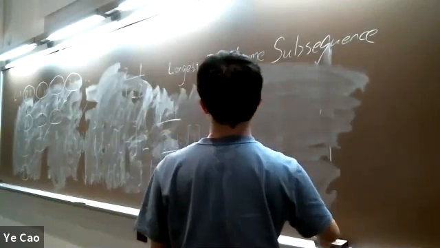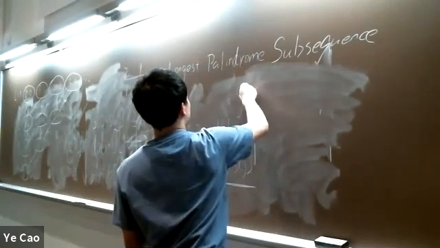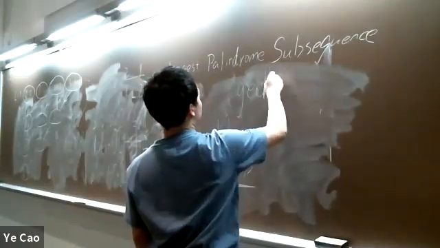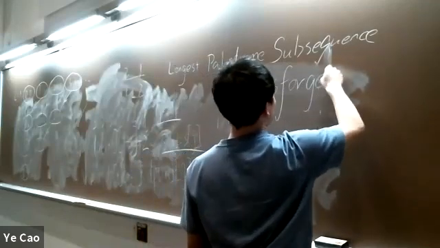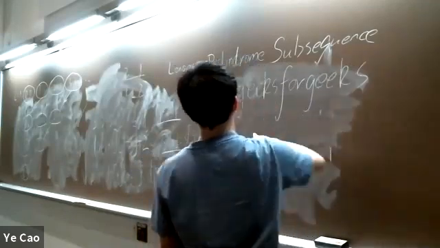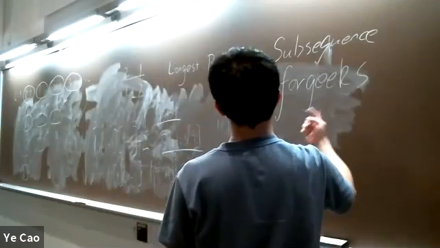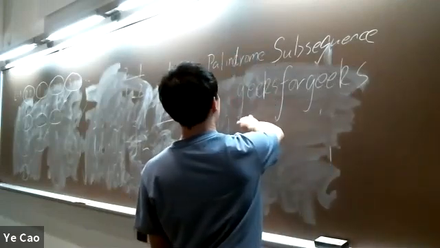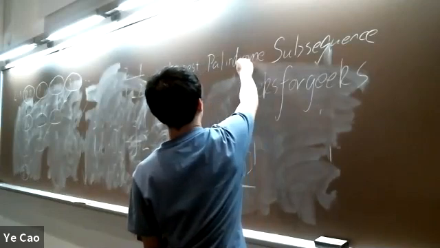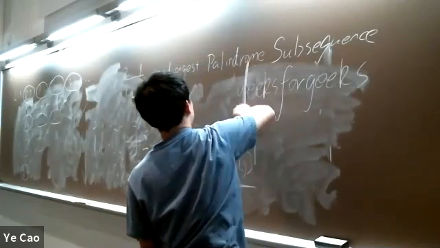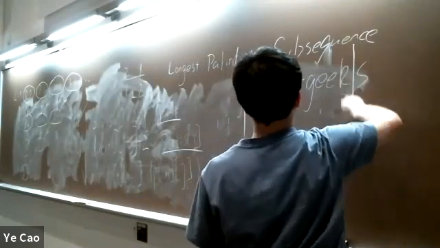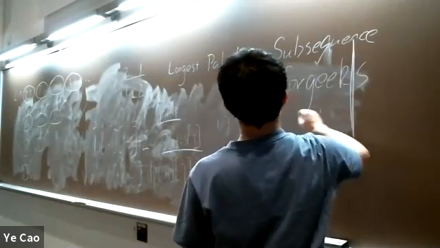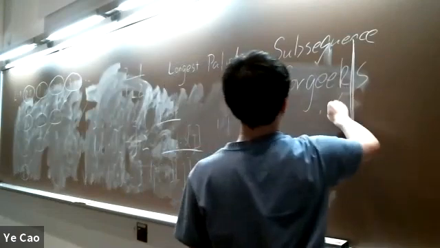Okay, so the last one is saying that if you have this word, I'm trying to find the longest palindrome starting with this e, the same e, but ending with this k. So this e and this k.